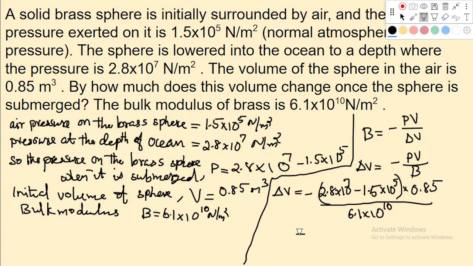First you have to make the subtraction and do the rest of the calculation. You will get the value of the change in volume is equal to 3.88 into 10 raised to negative 4 meter cube.